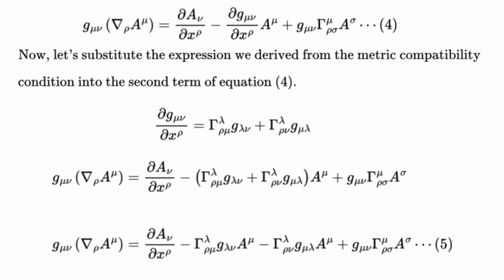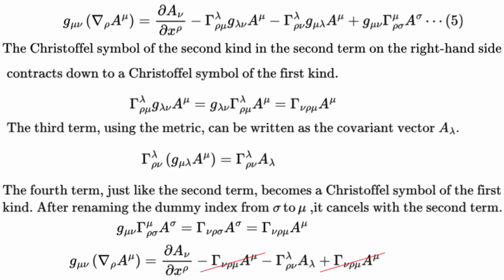Now let's substitute the expression we derived from the metric compatibility condition into the second term of equation 4. The Christoffel symbol of the second kind in the second term on the right-hand side contracts down to a Christoffel symbol of the first kind.